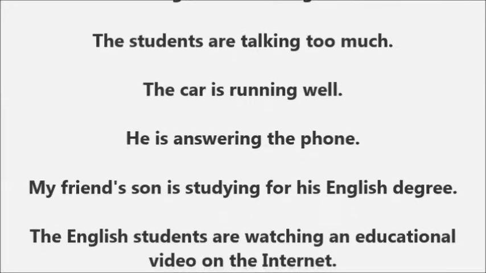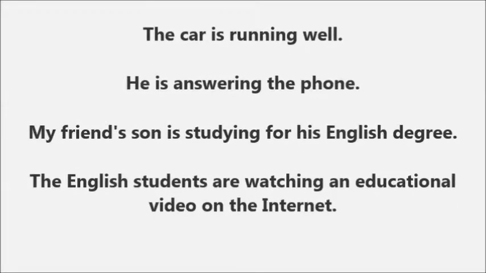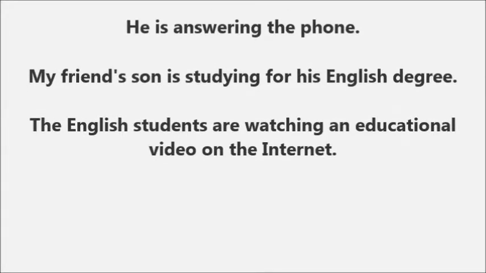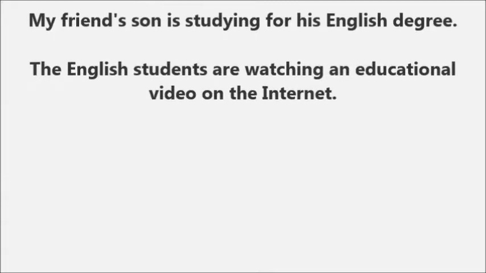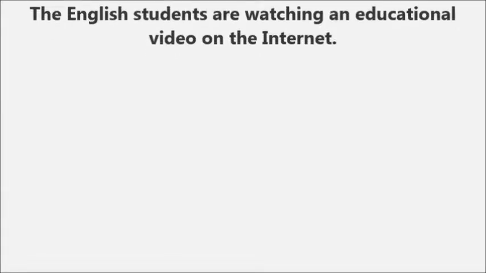My friend's son is studying for his English degree. I know he does very well. The English students are watching an educational video on the internet, and you are watching a video at the moment, and I am making a video at the moment.